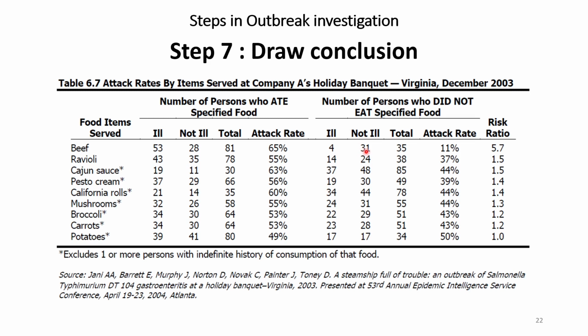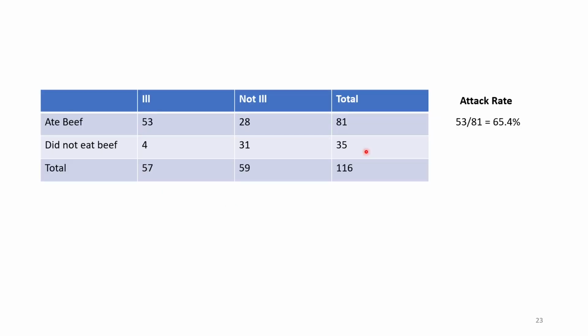Okay, so we are going to calculate the attack rates here. The attack rate here is 65.4%, which is nothing but the number of people who fell sick divided by the total number of people who ate beef, which is 65.5. Similarly, for those who did not eat beef, the attack rate is 11.4.